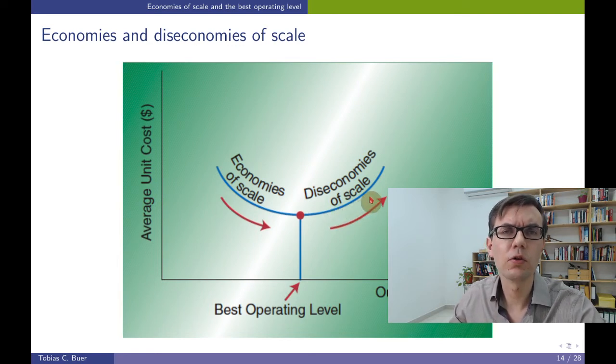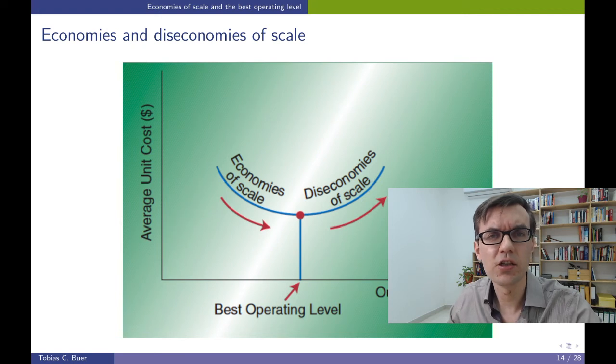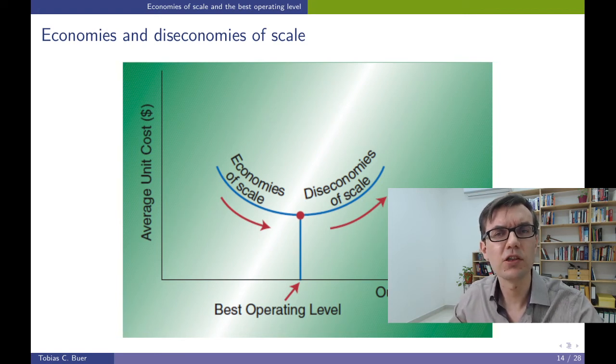If we look not at the educational example, but at a manufacturing example, this might be the case when the capacity of the factory is not fully used, then we are on the left side. Then we increase the output in order to approach the capacity of the factory. And then at some point, maybe we need to pay overtime to our workers in order to produce more.